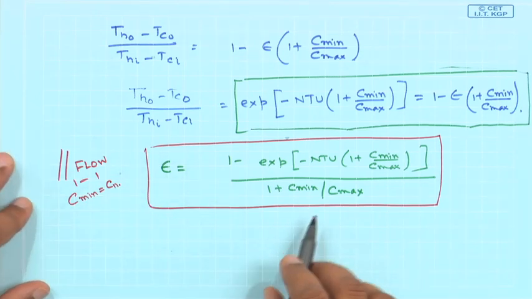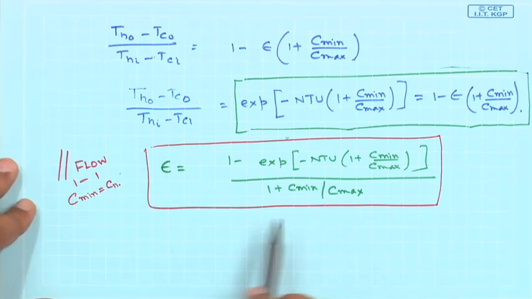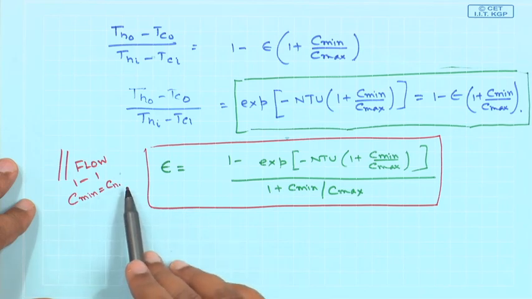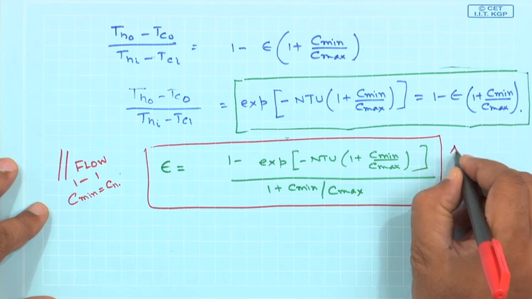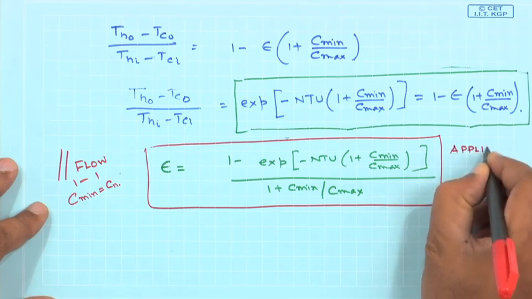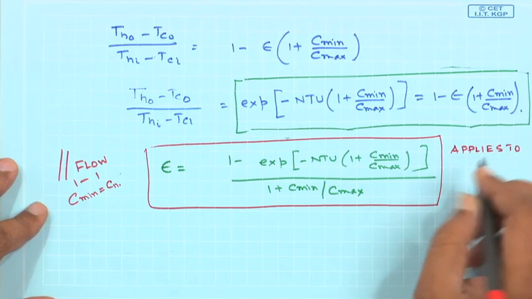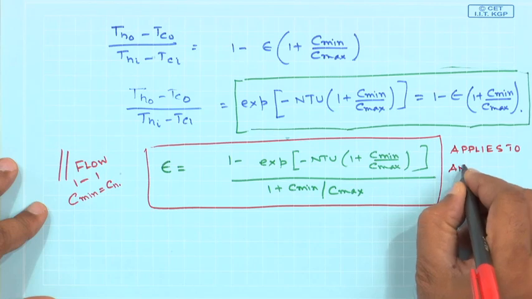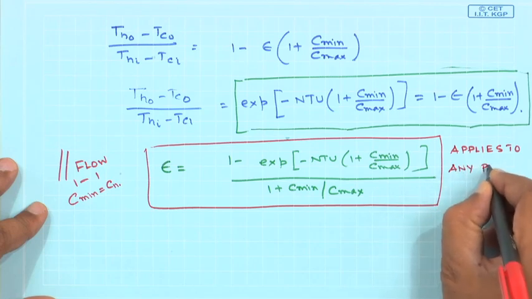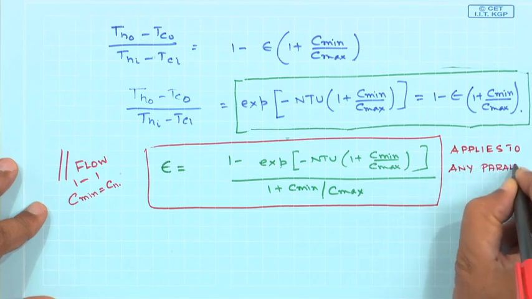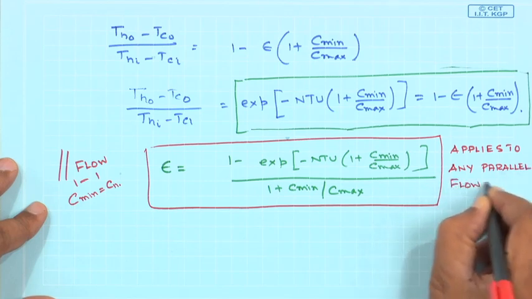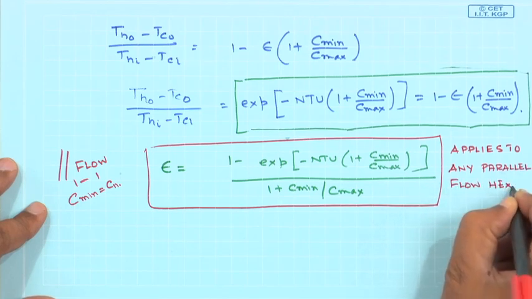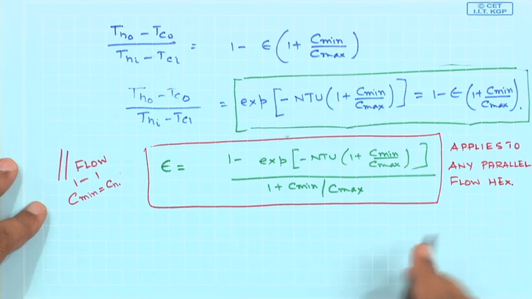The same result can also be obtained for the case when C minimum is CC. So, this equation applies to any parallel flow heat exchanger. That's what is important.